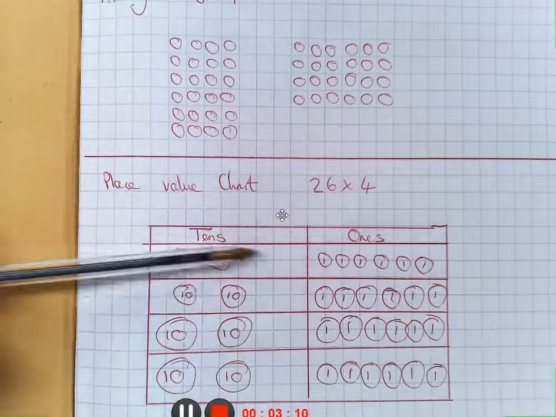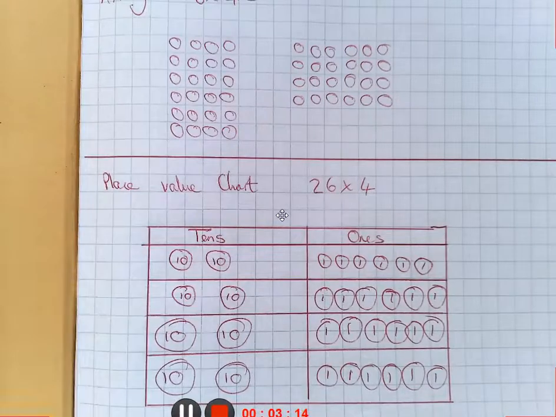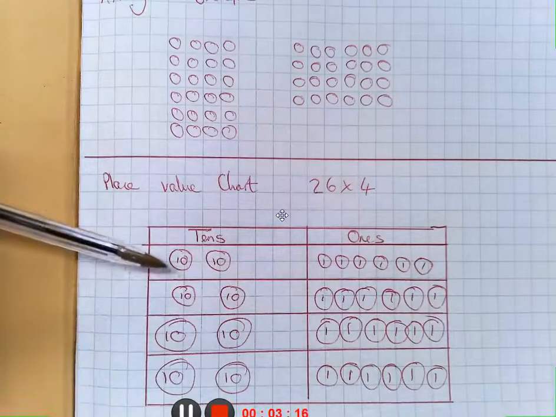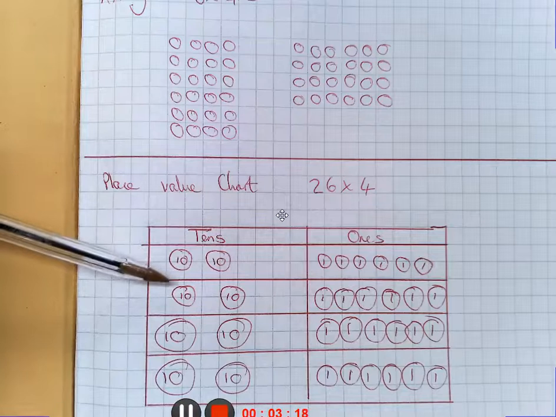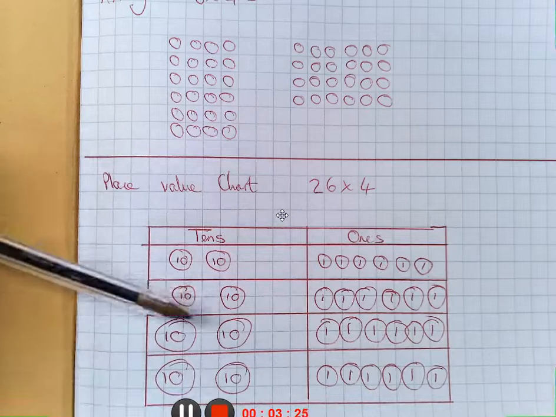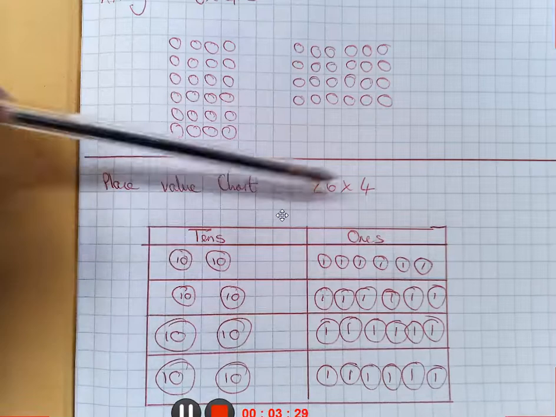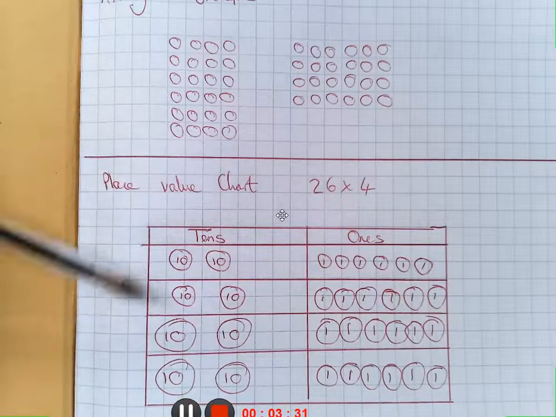So we need to make 26 4 times, and the children will have to draw them out or get the counters out and line them up. And again, that's just reinforcing the fact that multiplication results in a much larger number than just addition can. So we then count them all up, and that's how we'd find the answer with the place value chart.